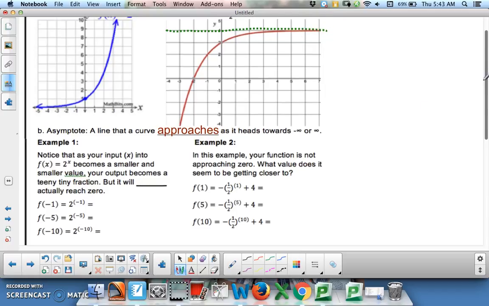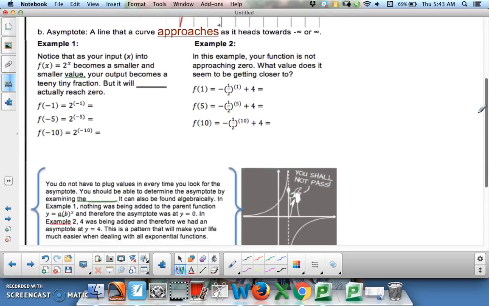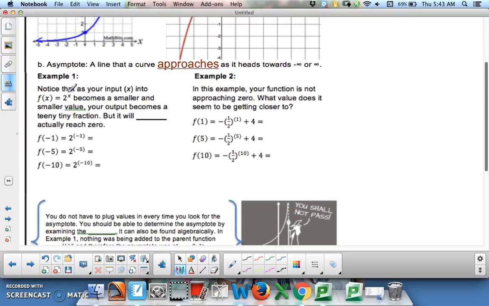But let's look at algebraically why that happens. Notice that as your input into this function, f of x equals 2 to the x, becomes a smaller and smaller value, your output becomes a teeny tiny fraction, but it's never actually going to reach 0. So let's just play around with it for a second and make sure that you agree.